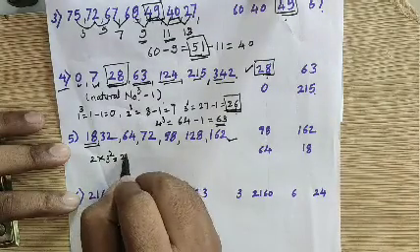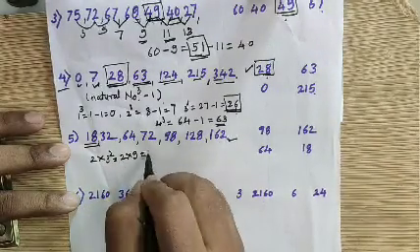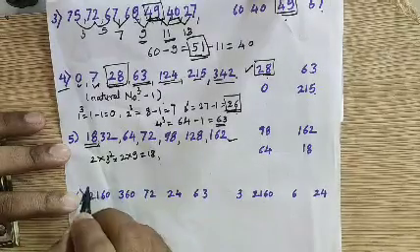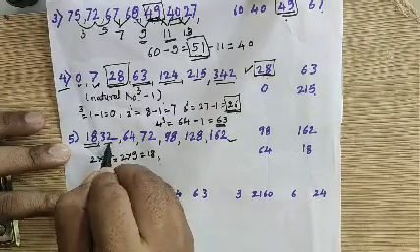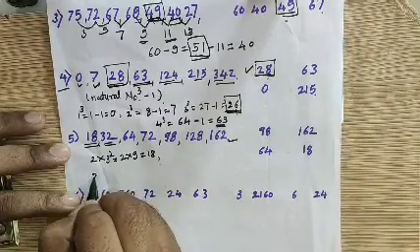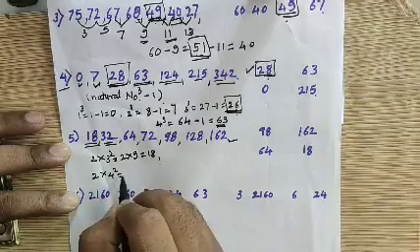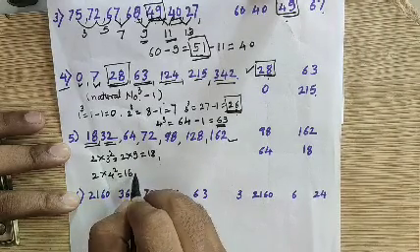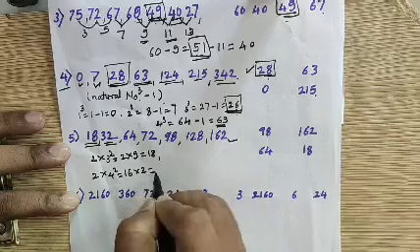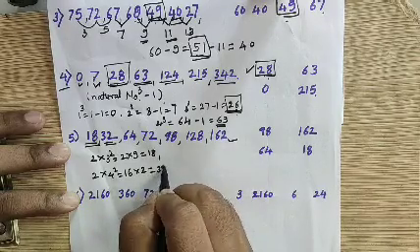So 2 into 9 we get answer 18. The next term is 32, that 2 multiplied by square of 4, that is 16 into 2 we get answer 32.